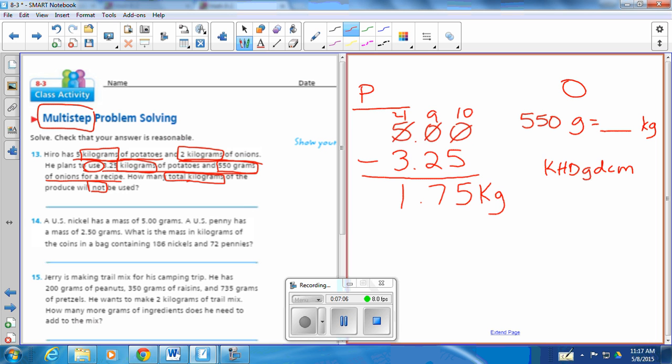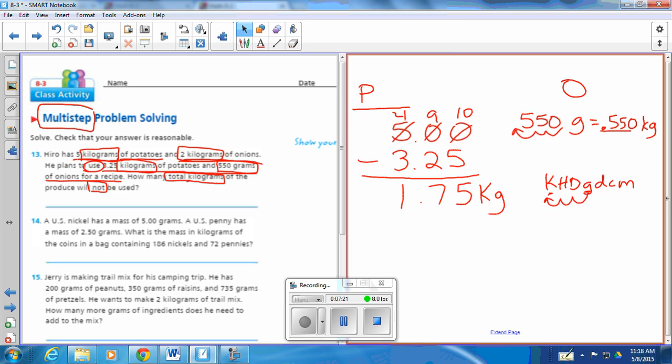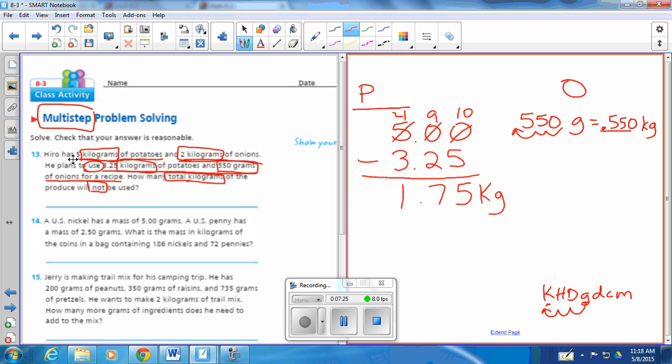Okay, so if we have 500 grams and we're going to kilograms, we need to go 1, 2, 3 to the left. So we have 500 thousandths of a kilogram. And he started with how many kilograms? 2.